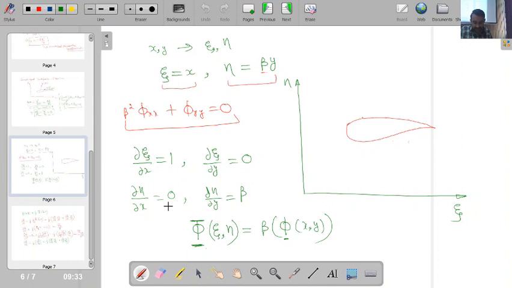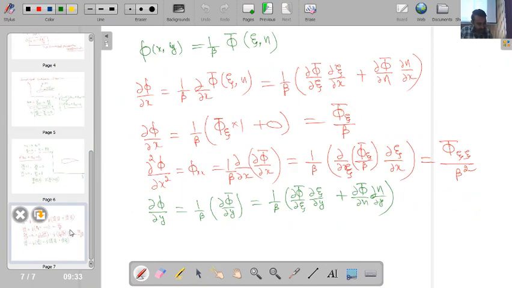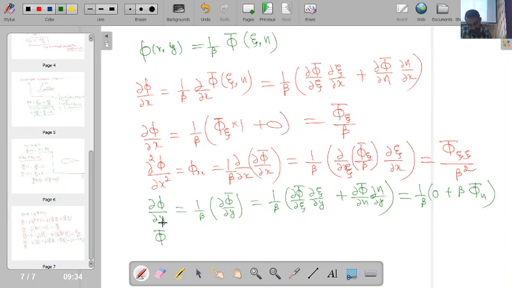Del zeta by del y is 0 and del eta by del y is beta. So the first term becomes 0 plus beta times phi bar eta. So ultimately phi y has become equal to phi bar eta. Is this point clear?